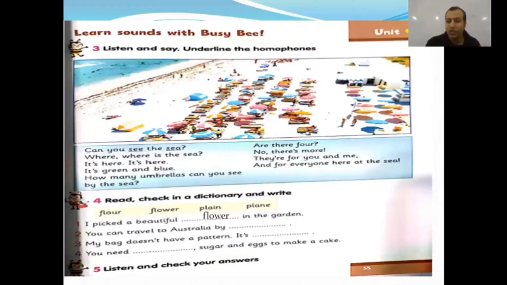Number 2, you can travel to Australia by plane. Number 3, my bag doesn't have a pattern, so it's plain, like the same color. You need flour, sugar, and eggs to make a cake.